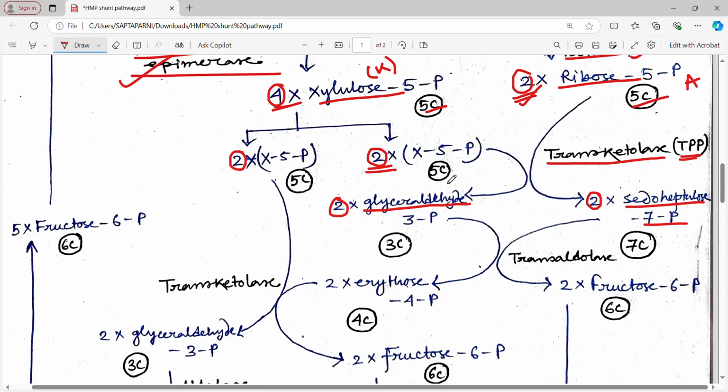See here we started with 5 carbon and 5 carbon, so 10 carbon total, and we are now getting 3 carbon glyceraldehyde 3-phosphate plus 7 carbon sedoheptulose 7-phosphate. So total 10 carbon are made here.